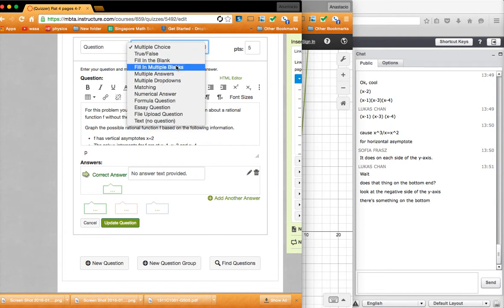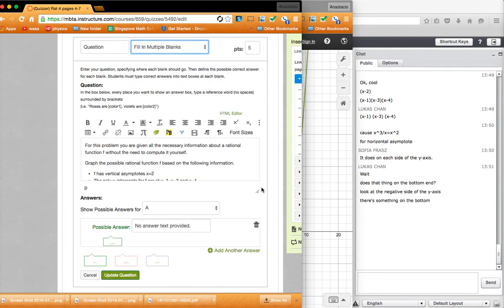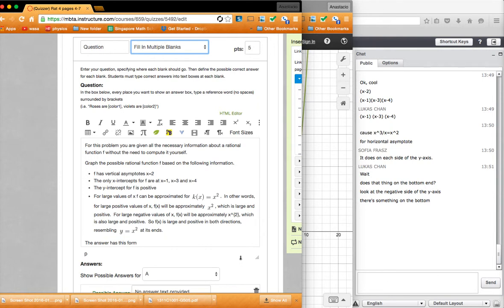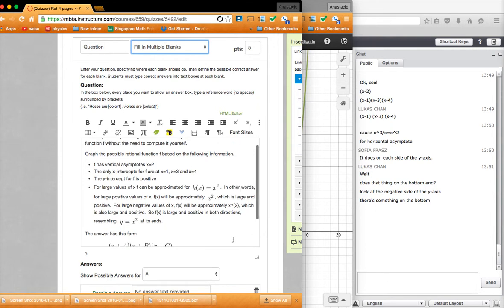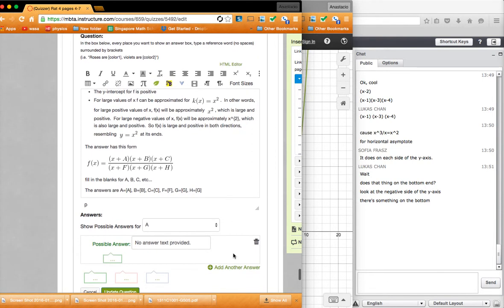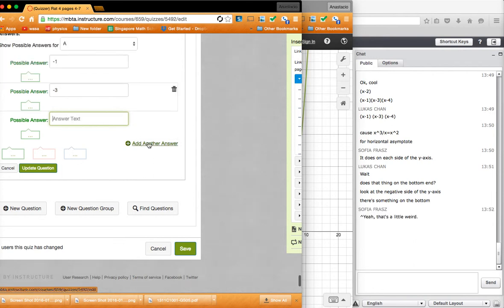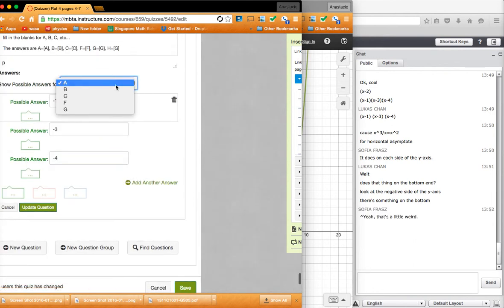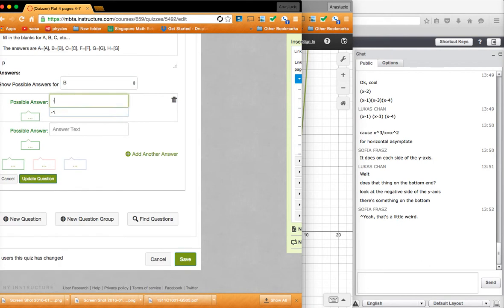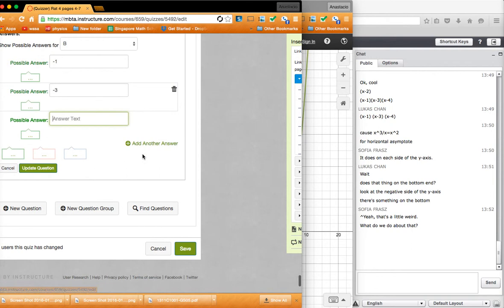Give me a fill in multiple blanks. And make it so that for A, they can plug in -1, -3, -4. For B, they can plug in either -1, -3, or -4.